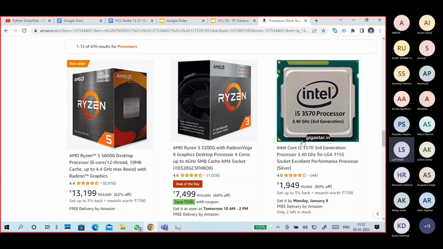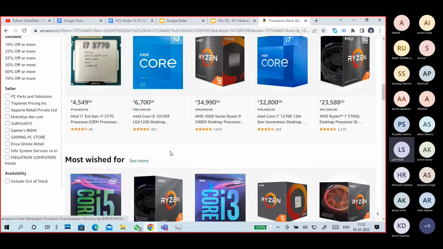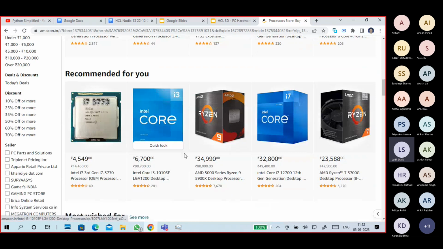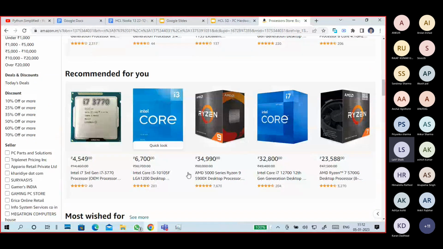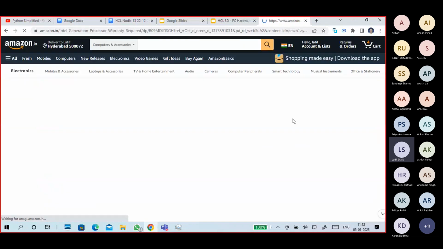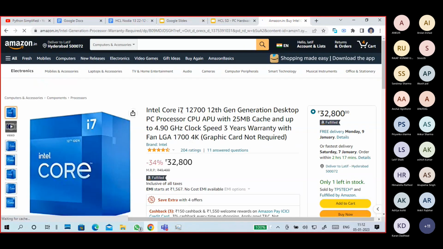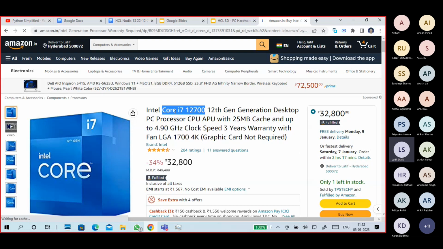So what I'm trying to show you is, for example, I will go to a new one. New one is better, right? So it is i7 12th generation. Can you see the number? Core i7, Intel i7 12th generation processor.